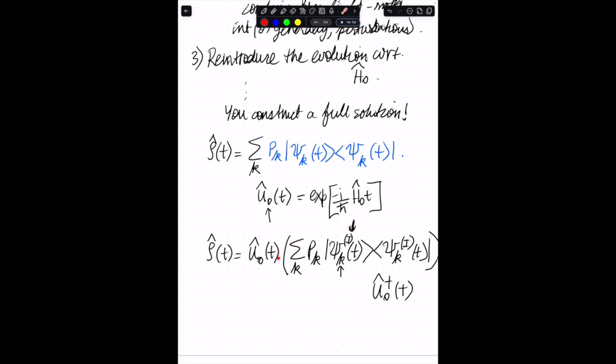It evolves with respect to V of t. So by partitioning out your matter system, there is a certain component of your system which is being evolved with respect to time evolution operators, and then there is a certain component of your system which we will evolve by constructing your Liouville-von Neumann equation with respect to the perturbations, right?